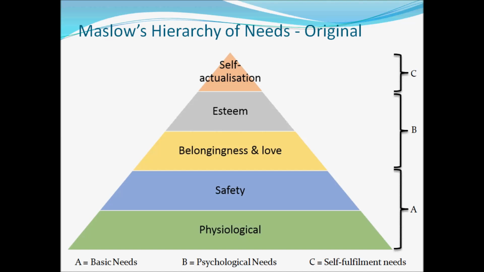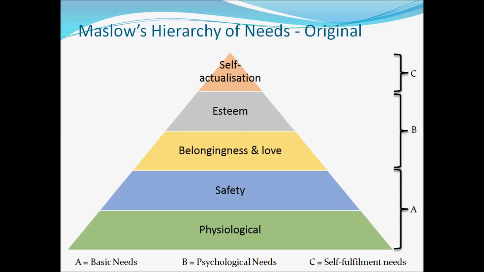So as you can see, there are 5 levels of the basic original Maslow's hierarchy of needs, starting from physiological to safety needs, to belongingness and love needs, to esteem needs, to self-actualization needs. Now you can also observe that these needs are clubbed together into basic needs, psychological needs, and self-fulfillment needs.